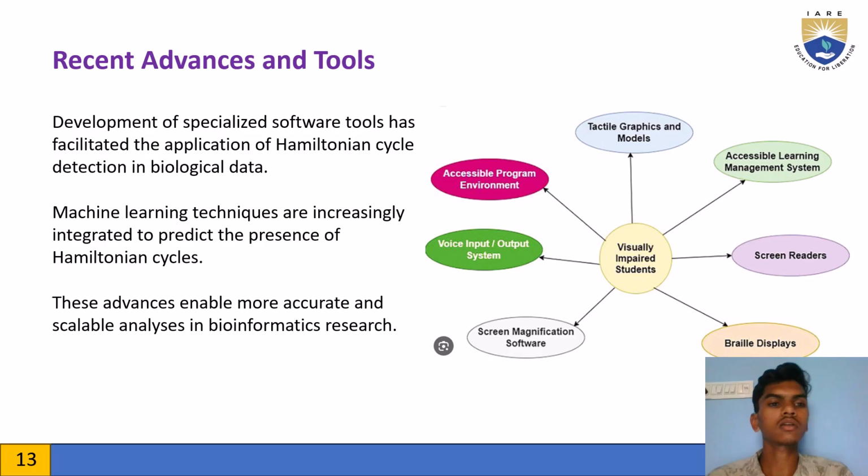And coming to its details, development of specialized software tools has facilitated the application of Hamiltonian cycle detection in biological data. Machine learning techniques are increasingly integrated to predict the presence of Hamiltonian cycles. This advance enables more accurate and scalable analysis in bioinformatics research.